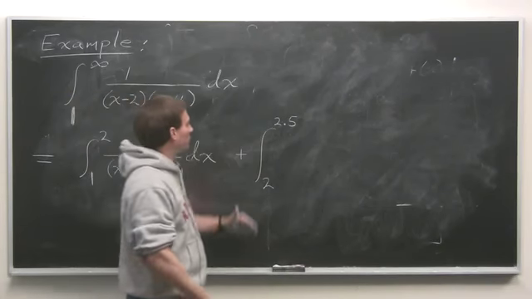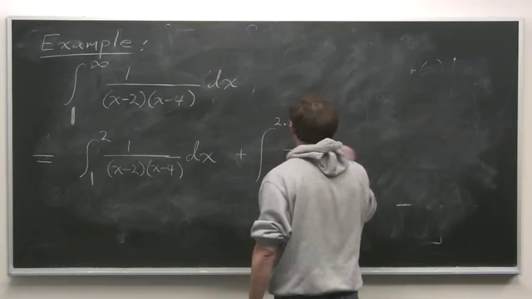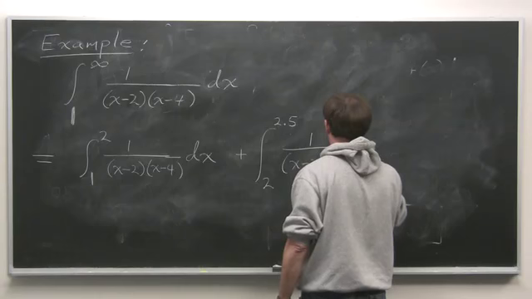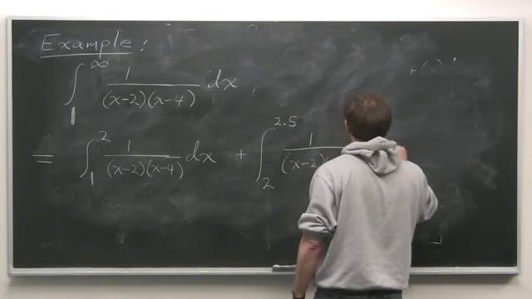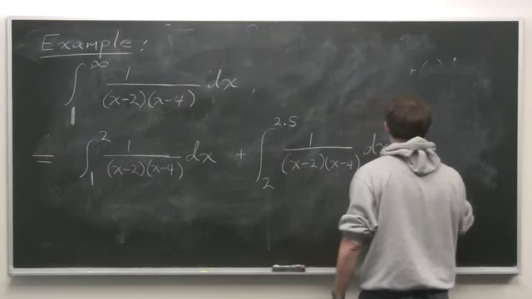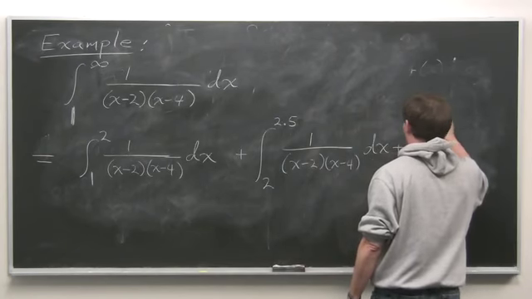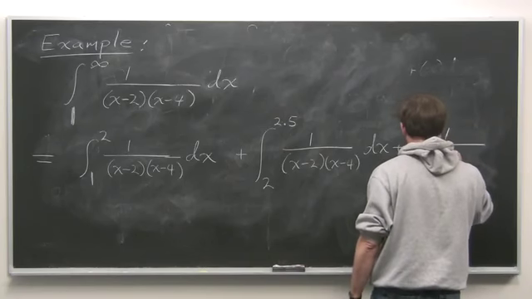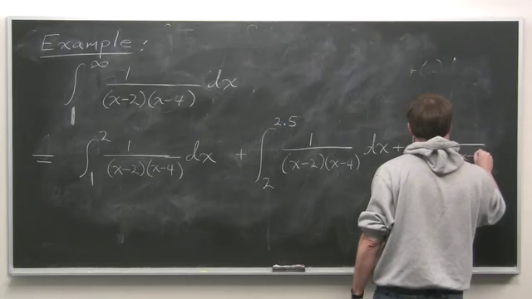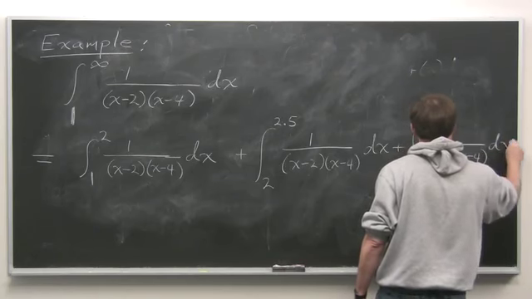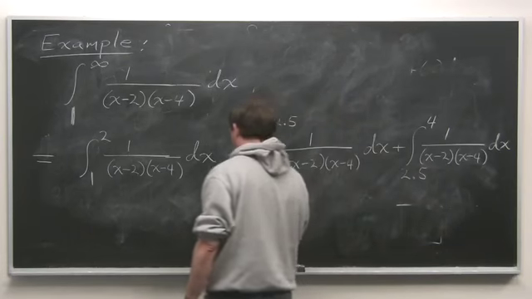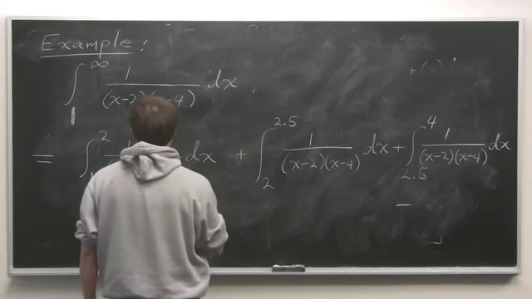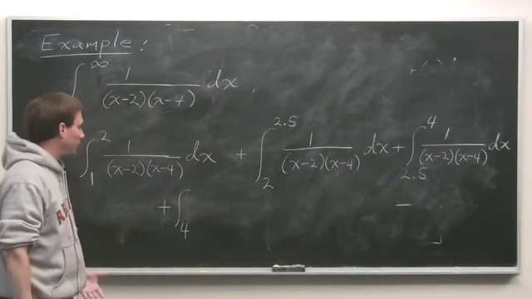So go from 2 to 2.5 and integrate the same thing. And then you pick it up at 2.5, and then you go to your next problem point, 4, and you integrate the same thing. And then you pick it up at 4, but you only want one problem per integral, so you don't want to go from 4 out to infinity.